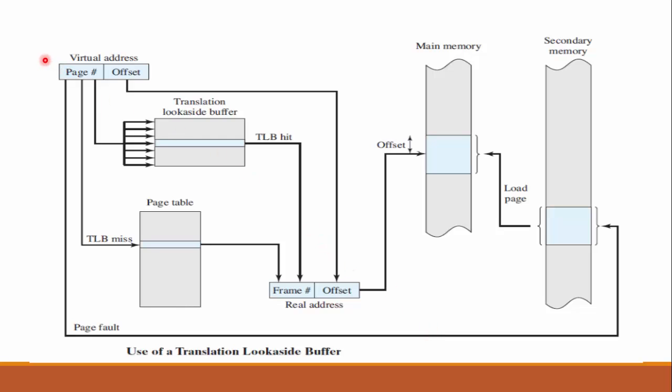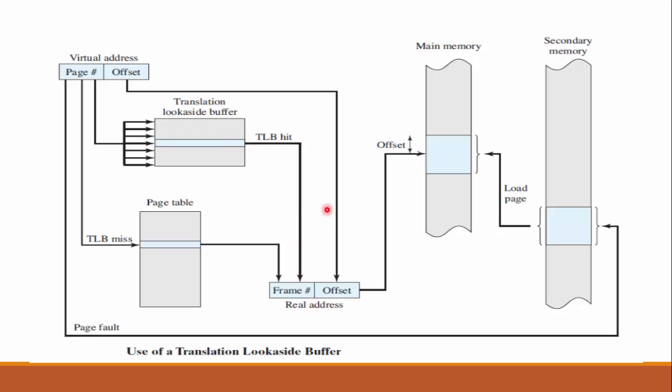See, the situation has changed with the TLB in the picture now. This is the page number and this is the offset. The page number is checked with the translation lookaside buffer. If it is found, it's a hit and we can directly get the frame number from the TLB.